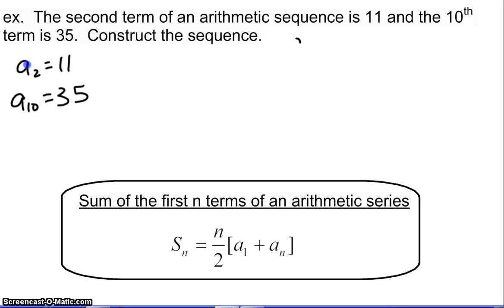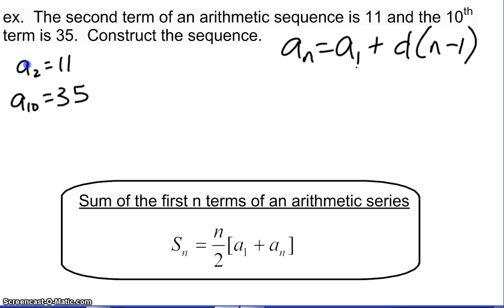And if we look at our formula, we don't always need to have the first term. If we notice here, that 1 and that 1 are the same. So we could use this with the second term like we have here.